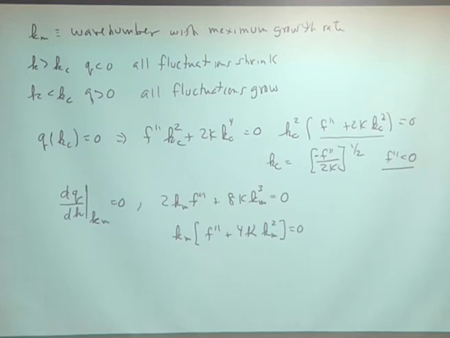And that again gives you, for the non-zero km, which is the interesting one, km squared equal to minus F double prime over 4 kappa, so km is equal to k sub c over the square root of 2.